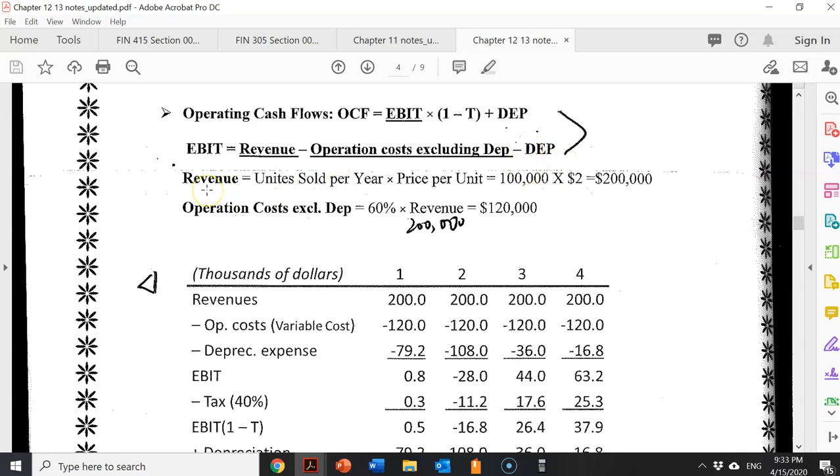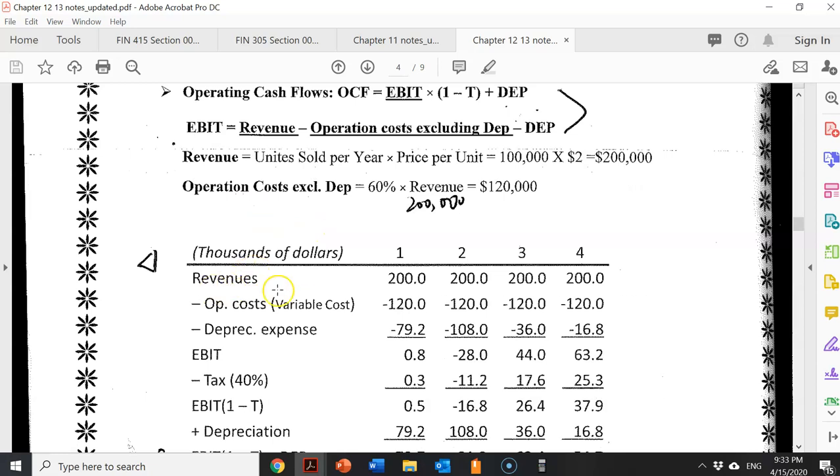Our revenue would be, again, 100,000 units per year multiplied by $2 per unit, so we have 200,000 sales revenue generated each year. The operation costs excluding depreciation is the variable cost, 60% multiplied by the sales revenue of 200,000. So we have 120,000 as our variable cost, or operation cost excluding depreciation.